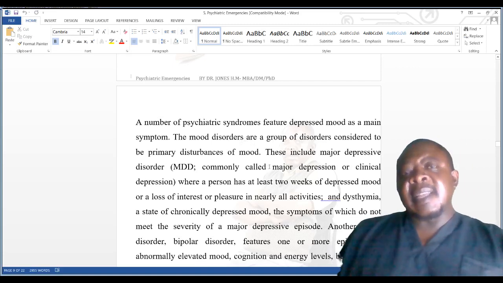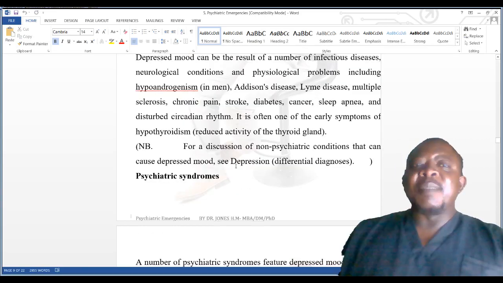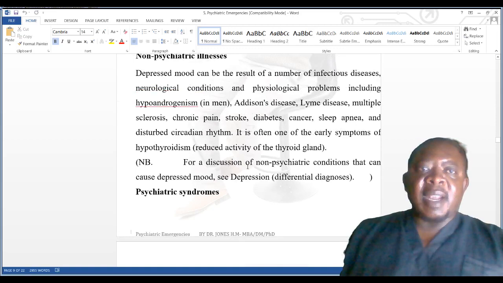Hence, as they come to the hospital at this moment, it may constitute a psychiatry emergency.